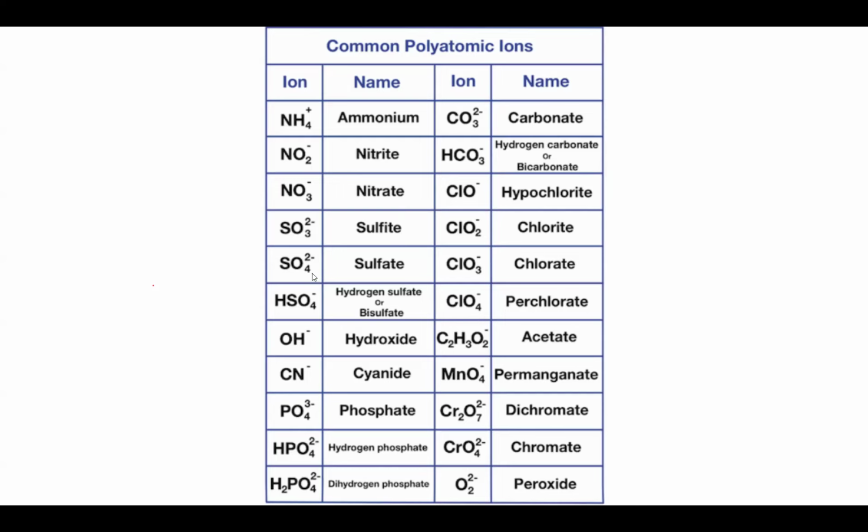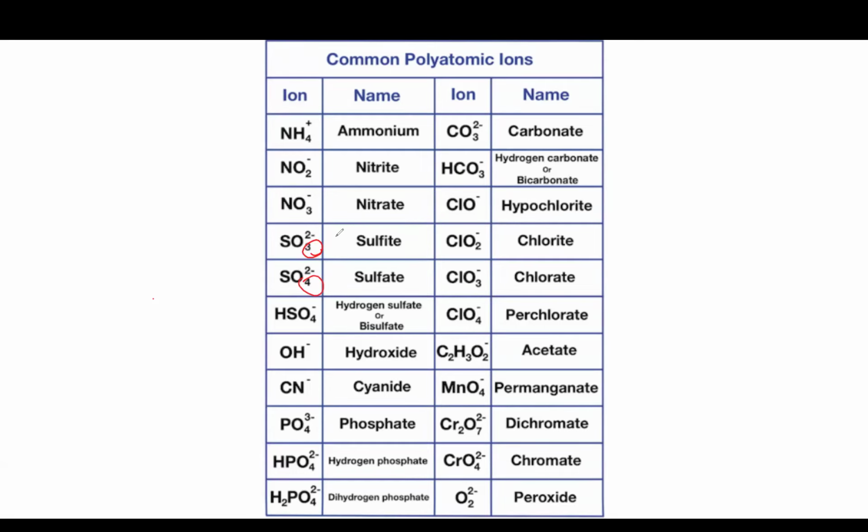You can see that there is a slight difference between sulfite and sulfate, chlorite, chlorate, nitrite, and nitrate. If you look at that, you notice that you have a base. Ate is basically the base.